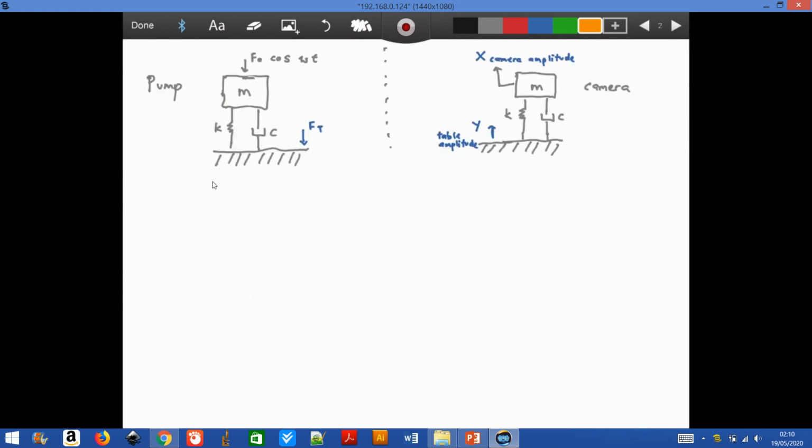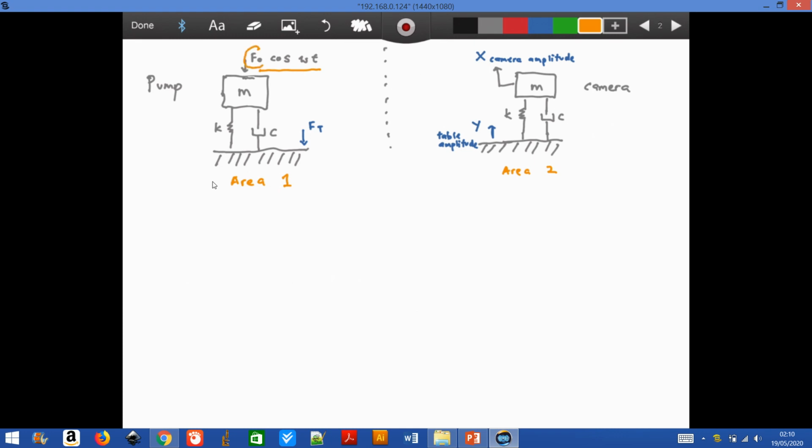So if I draw the free body diagram, this is area 1, which is the pump, and this is area 2, which is the camera. Let's say the pump has an excitation force of Fo cos omega t.